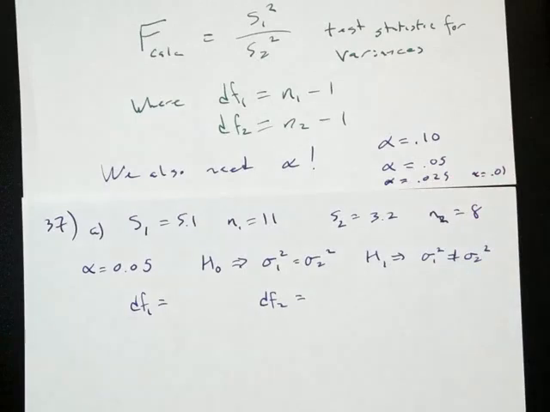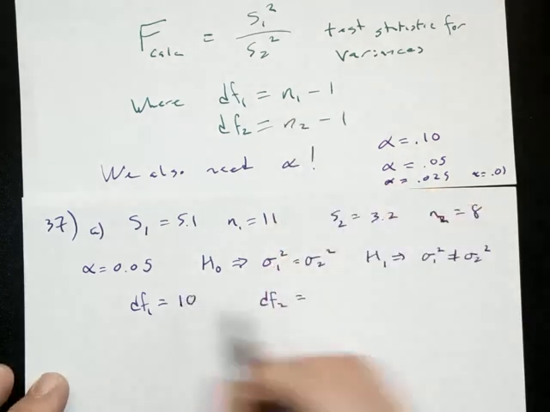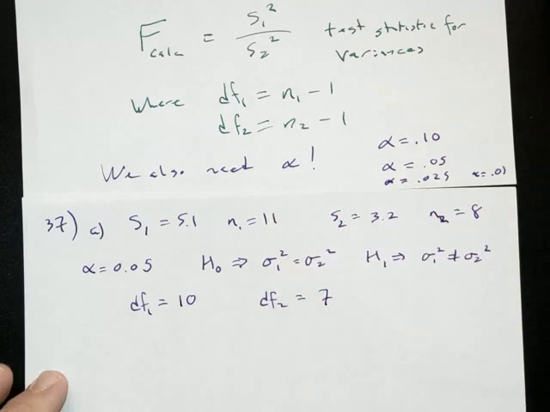N minus 1, N minus 1. So 11 minus 1, 8 minus 1. Okay. I go to the back of the book, and I find the 0.05 table.